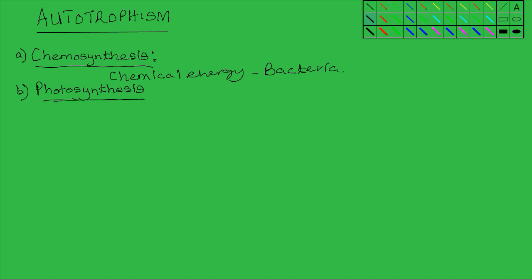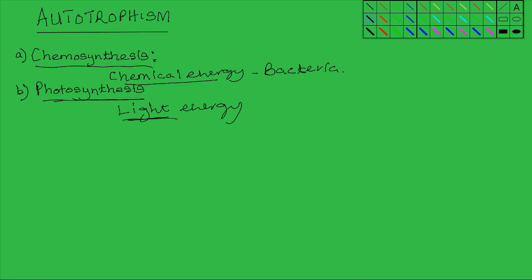Now, for photosynthesis to take place, light must be absorbed. That is, light energy must be absorbed. And most of the organisms that carry out photosynthesis have the pigment chlorophyll molecule.